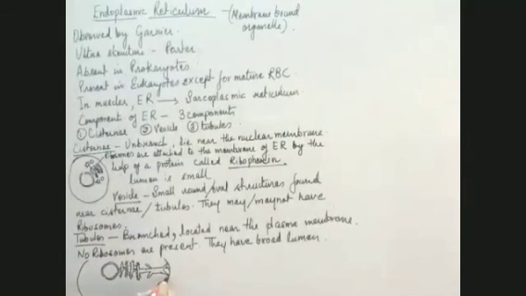This is the complete cell. So they also give rise to vesicles. Their vesicles are without ribosomes, and the vesicles which are formed by the cisternae have ribosomes on them.